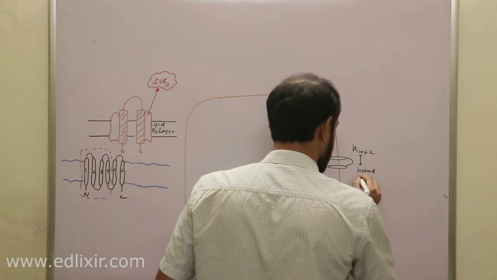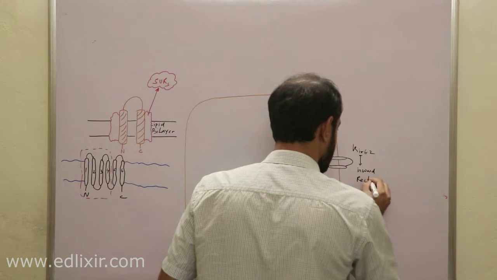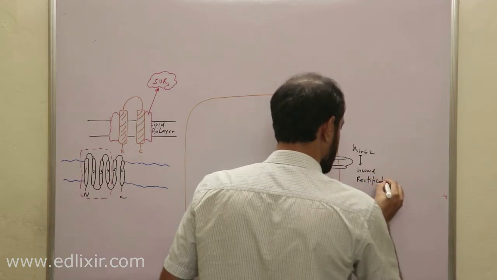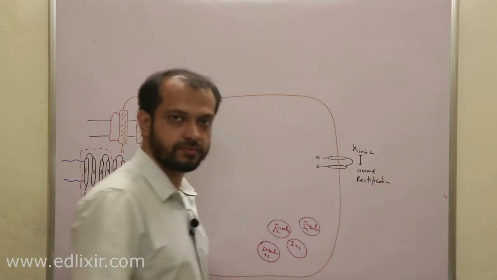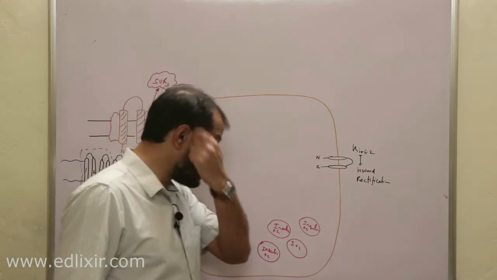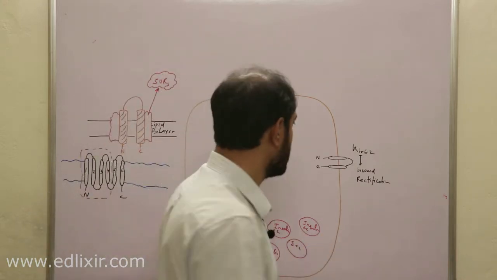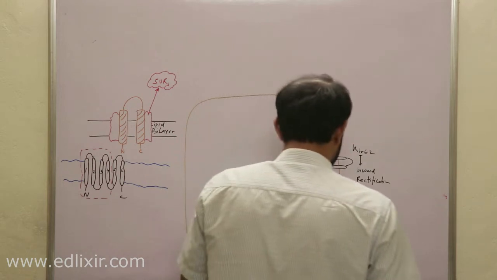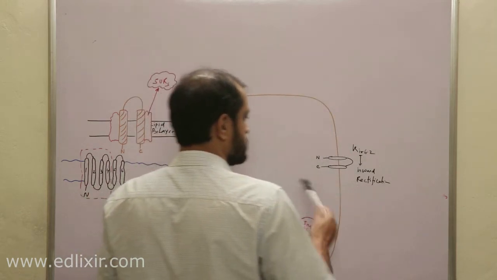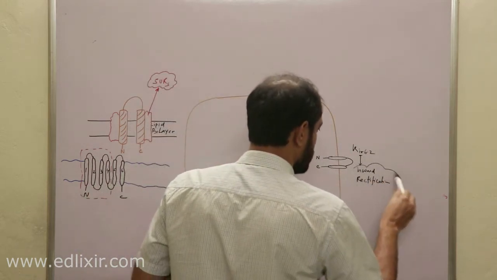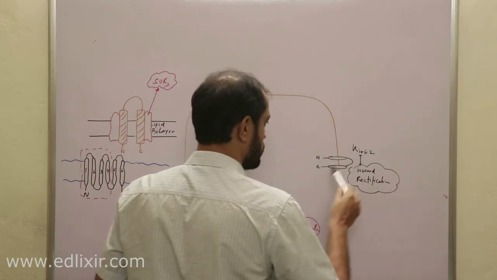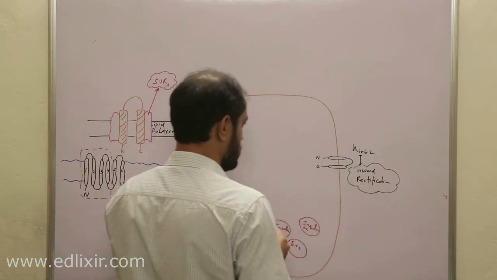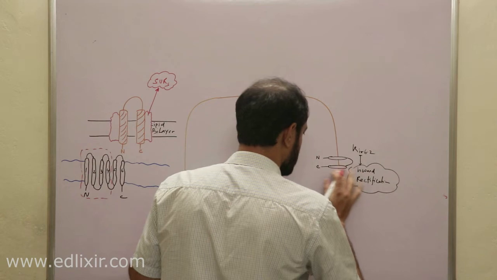Inward. That means what? Rectification means where the potassium ions will move. A very interesting part you need to understand is that though it is an inward rectifying channel, actually potassium moves out. Now, what is this domain?